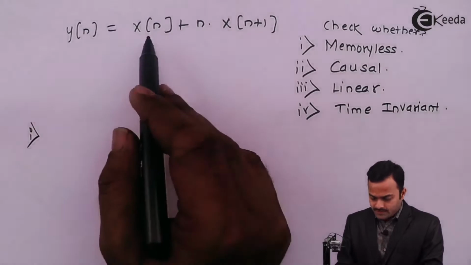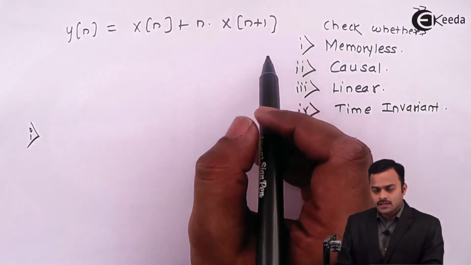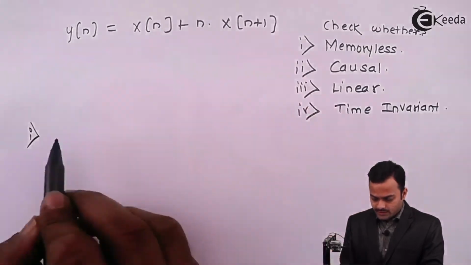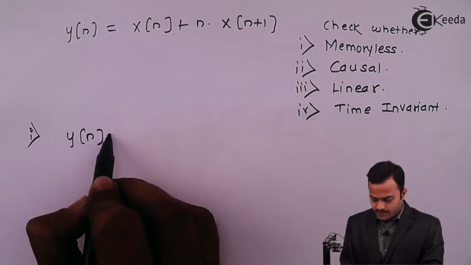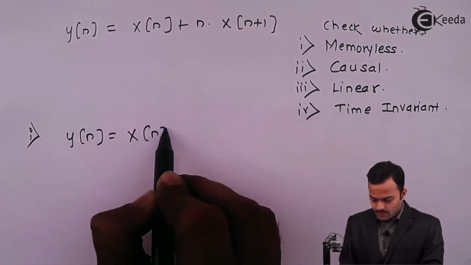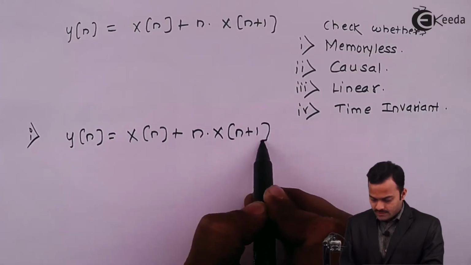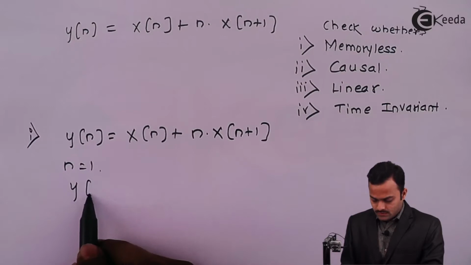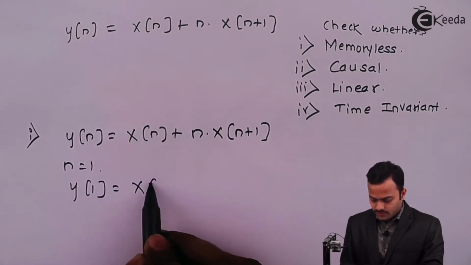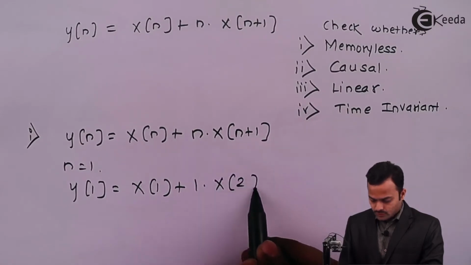So y of n is x of n plus n into x of n plus 1. So over here, it is but obvious that suppose in the expression y of n, I need to get the value at an instant n equal to 1. So y of 1 is x of 1 plus 1 into x of 2.